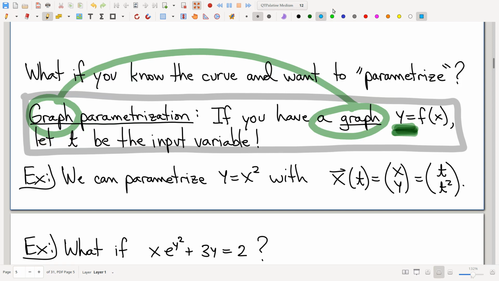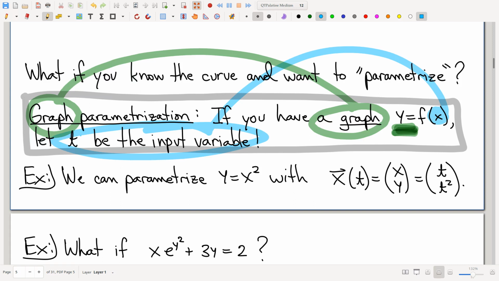But if you do have a graph, here's how easy it is. Whatever is the input variable, let t equal that input variable, and it just kind of falls in your lap. It's that easy. It's very algorithmic. It's very plug in and celebrate. There's not that much to it. Let's see an example. Looking at this curve, note it is indeed a graph. Y, one of the variables, is solved for as a function of the other variable, which means that x is my input variable.